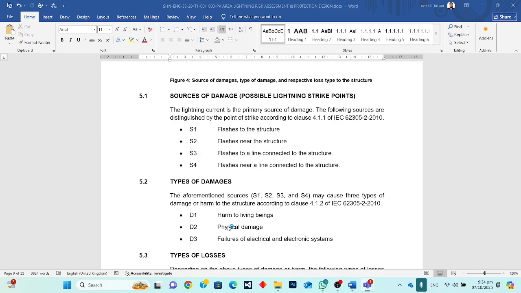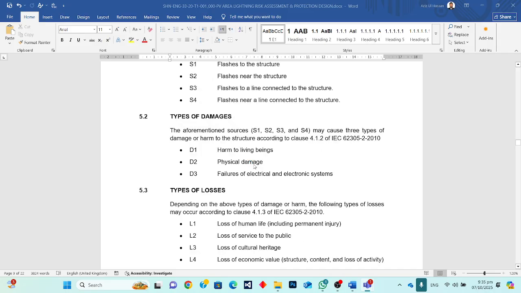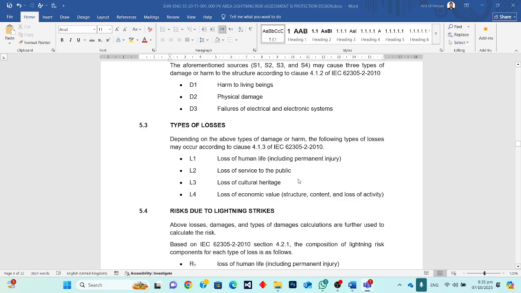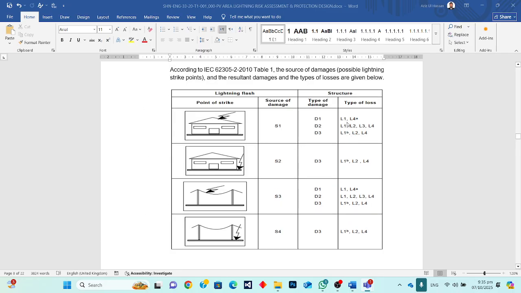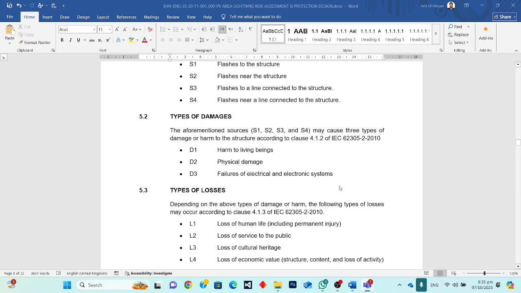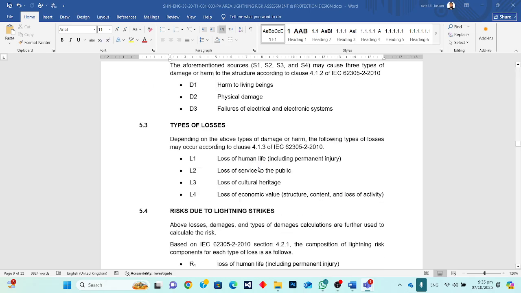So these are the three types of damages done by lightning flash strikes. From these damages, we will see the losses. There are four types of losses: L1, L2, L3, L4.